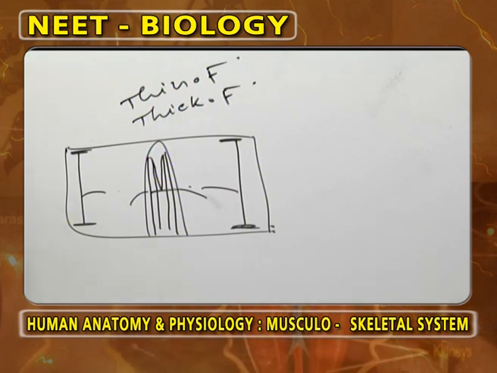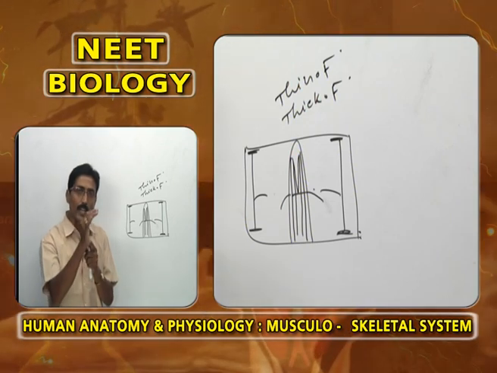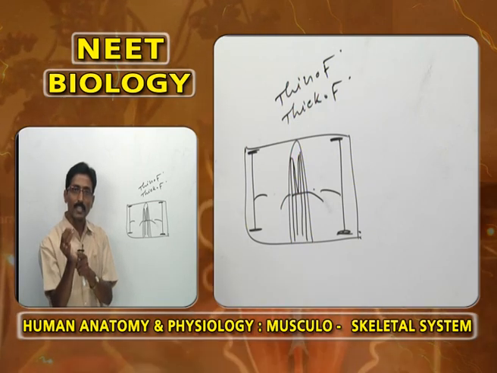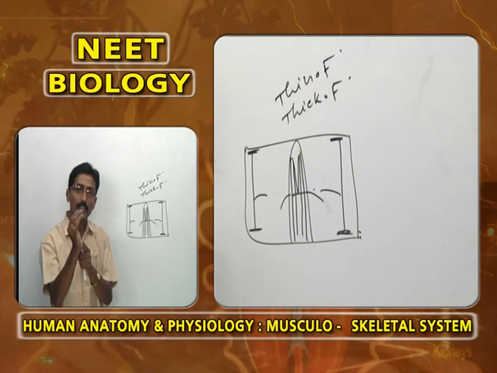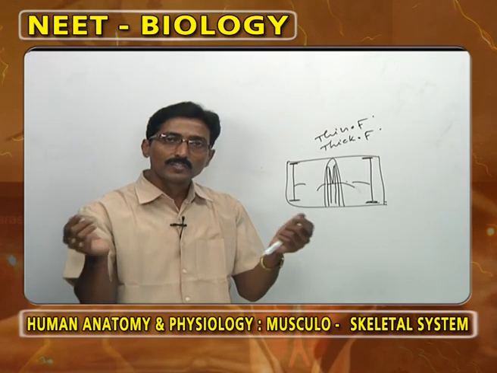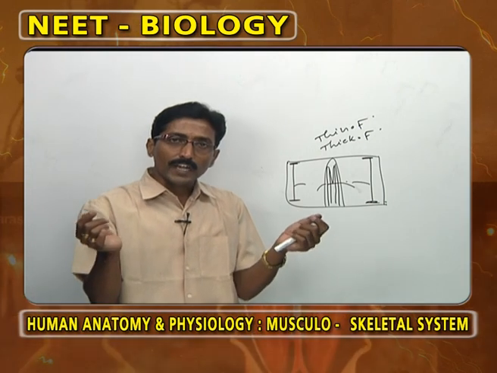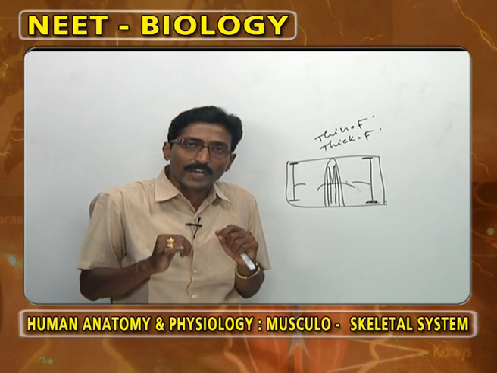Now during the muscle contraction, what is going to happen? The thin filaments slide on thick filaments, so that both thick and thin filaments enter into the middle part of the A band.